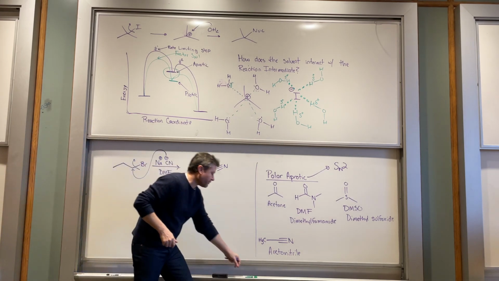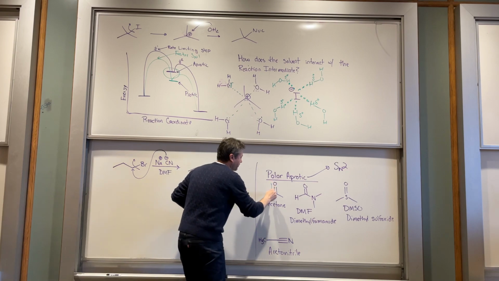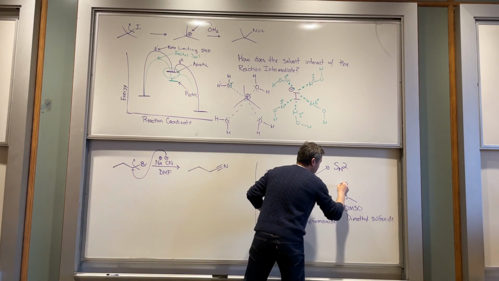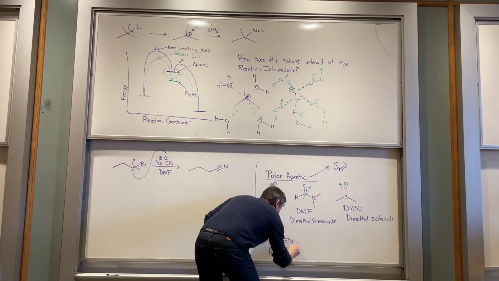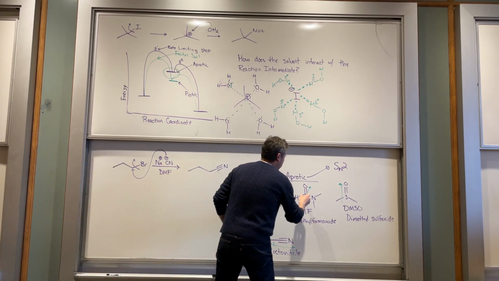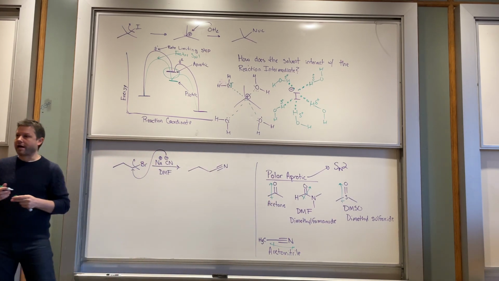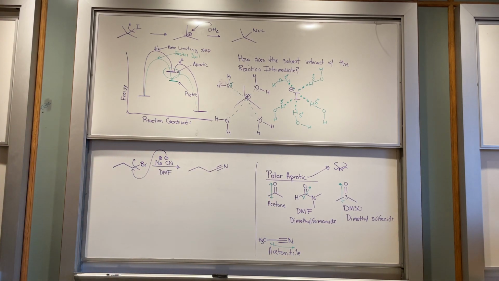If we look at all of these polar aprotic solvents, hopefully everybody can rationalize the polarity of all of these solvents and see that they don't have acidic protons, or don't have a strongly positive proton on them.